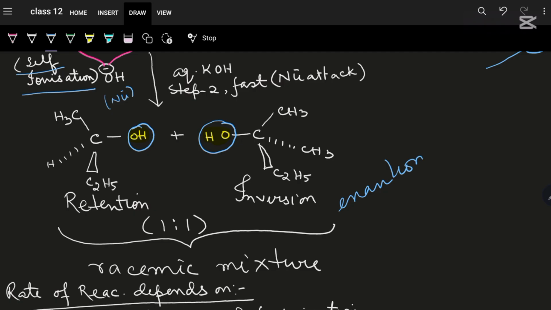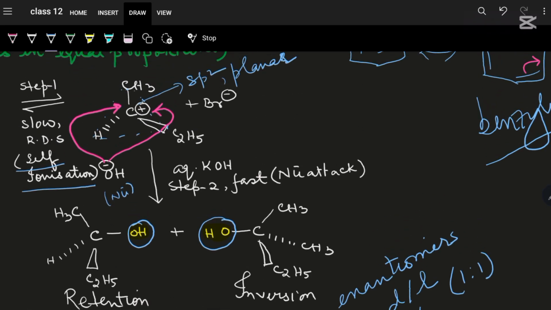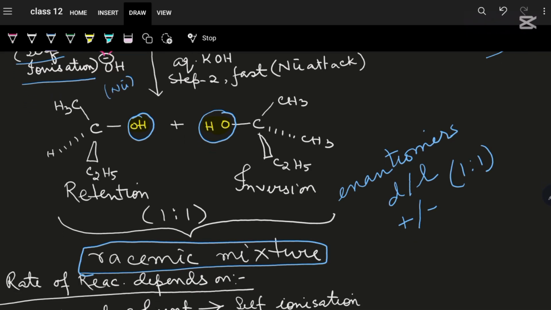They are enantiomers, where one is D and the other is L, or one has optical rotation of plus sign and the other minus sign, and they are in equal proportion, for which it forms a racemic mixture. Why equal proportion? The reason is the probability of OH minus to attack from above the plane and below the plane remains the same. So the proportion of both the forms, retention in configuration and inversion in configuration, is the same, equimolar.